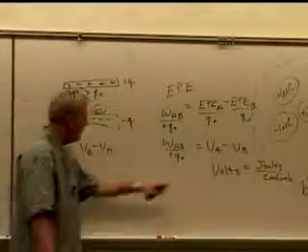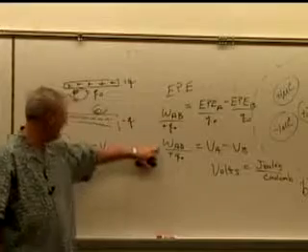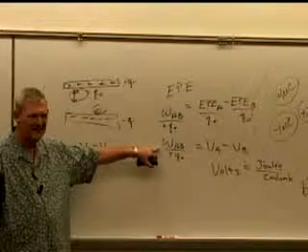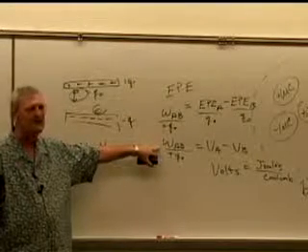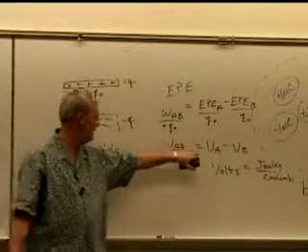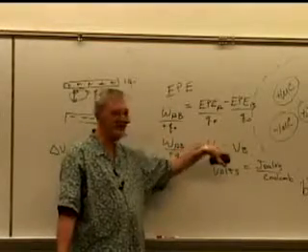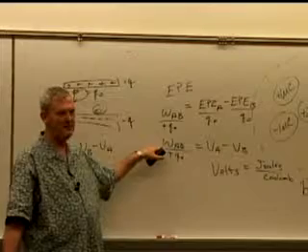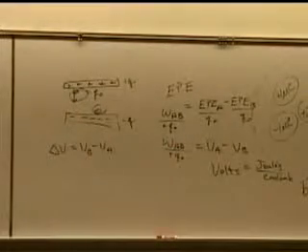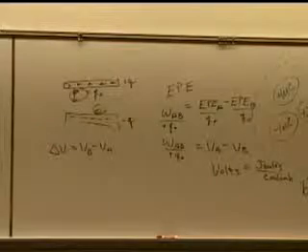And when I flip these two around, what happens to this guy? Algebraically, he becomes negative, right? If I want to do VB minus VA now, then this side becomes negative. Just like 7 minus 3 equals 4, 3 minus 7 equals negative 4. Okay, so we're doing the same thing.